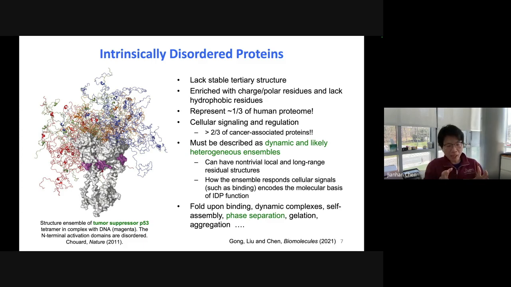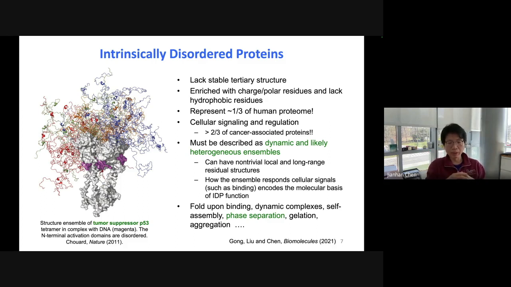And how these proteins perform their function is encoded in the manner in which these ensembles respond to different cellular signals, such as binding of a cofactor or a drug. How the ensemble responds to these different perturbations encodes the molecular basis of how IDPs function.